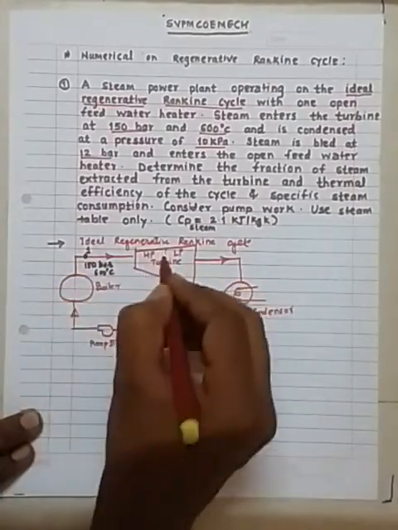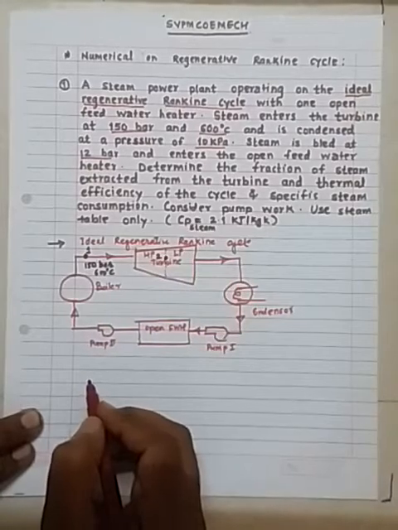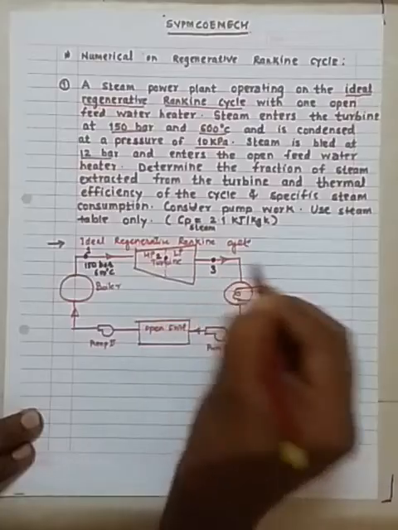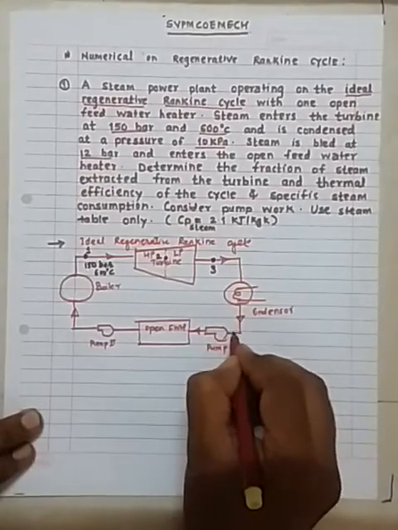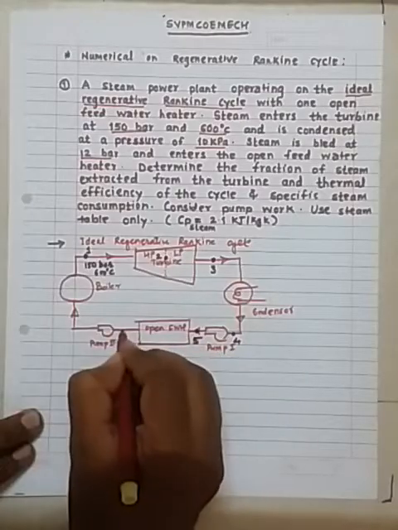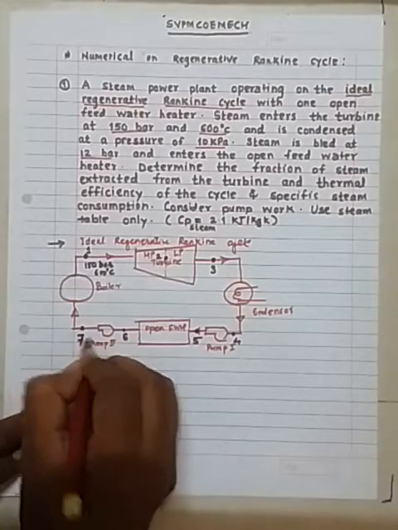So this is thermodynamic state point 1, and up to this point I have the second thermodynamic state. Here I am considering the third thermodynamic state, here the fourth, here the fifth, here the sixth, and here the seventh.